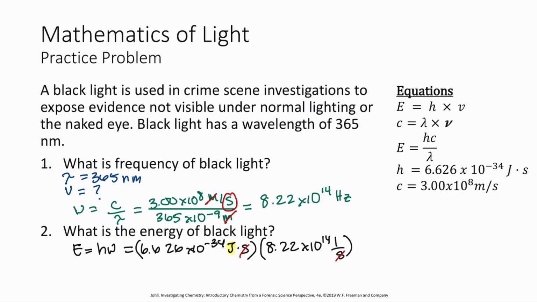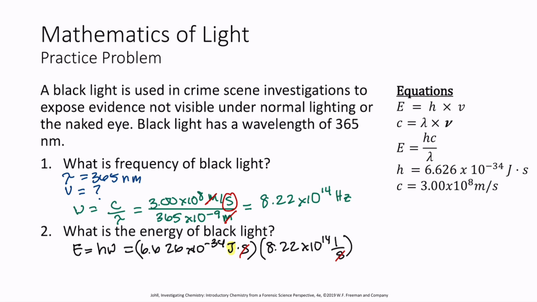So if we plug this into our calculators, we have 6.626 times 10 to the negative 34 times 8.22 times 10 to the 14. All right, go ahead and put that in your calculator.